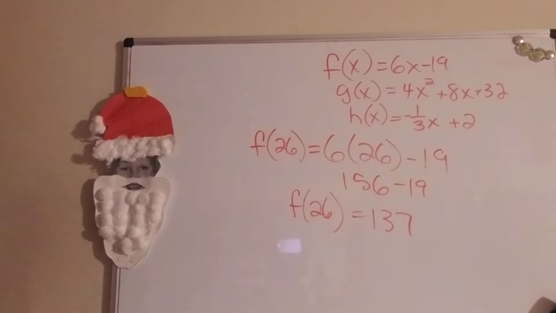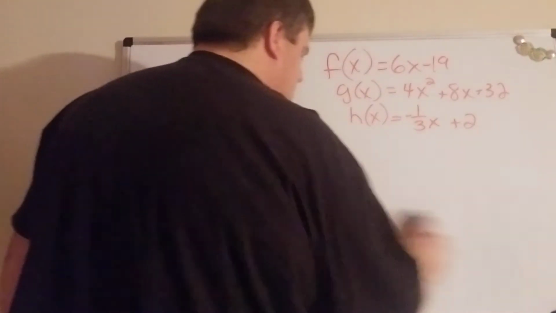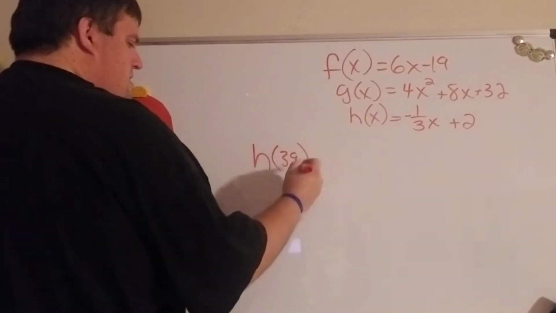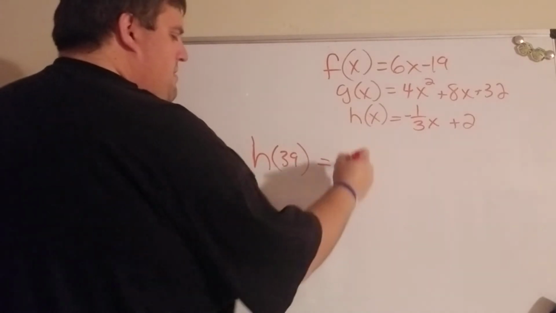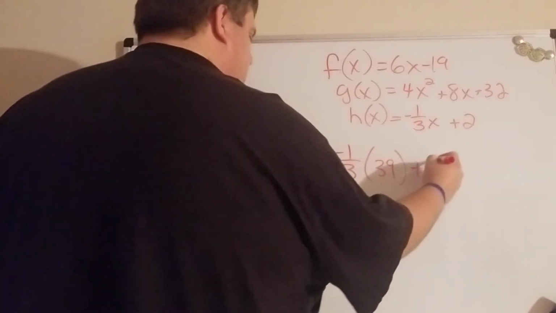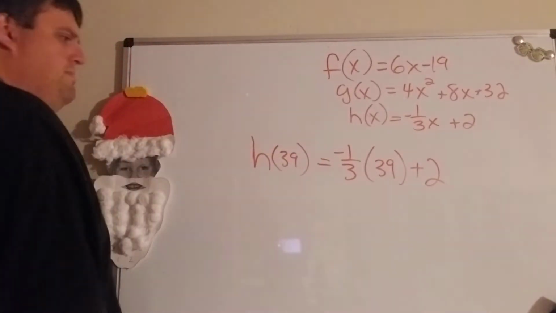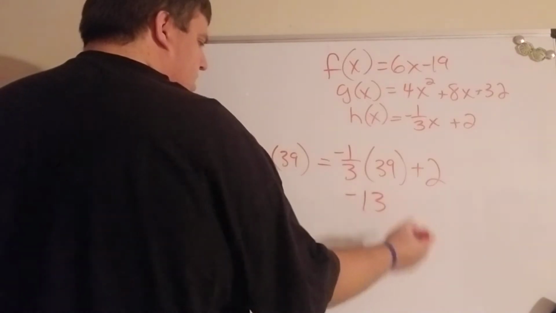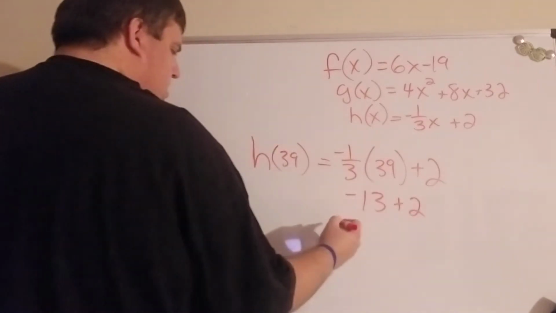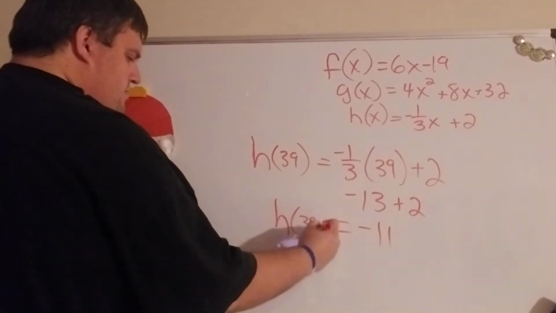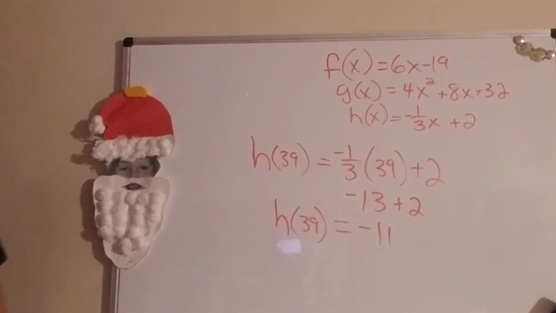And then we want h of 39. That's going to be negative 1/3 times 39 plus 2. Negative 1/3 times 39, that one's not so bad. That's negative 13 plus 2 is negative 11. h of 39 is negative 11.